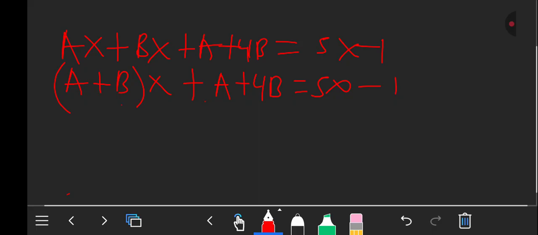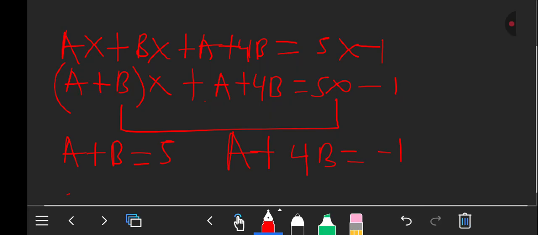So I can compare that a plus b is equal to 5 because it has the coefficient of x there. Then a plus 4b is equal to negative 1.